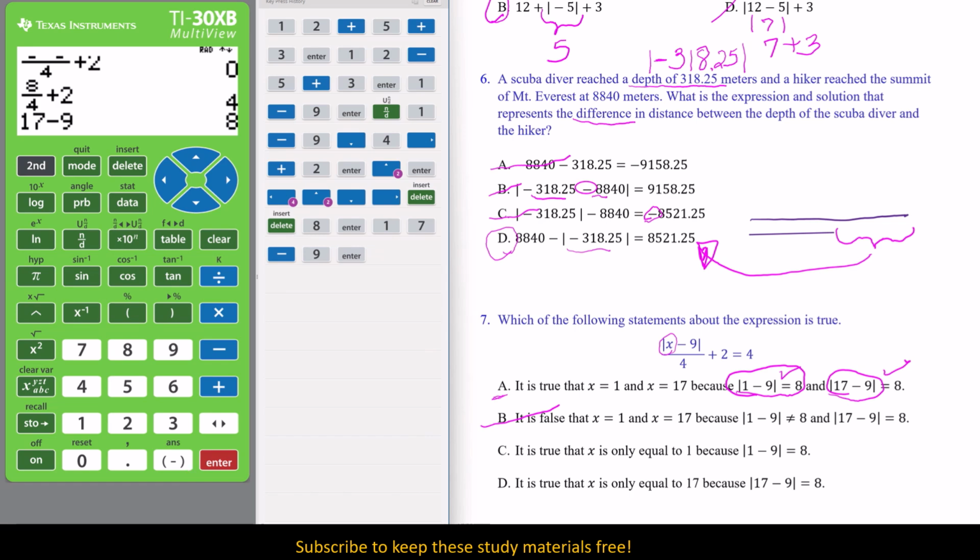Well, we didn't try 17, but it doesn't matter because we know it's 8. And we did 8 over 4 plus 2 equals 4. So I disagree with C and D, because C says 1 is the only one, and D says 17 is the only one. So I disagree with both those.